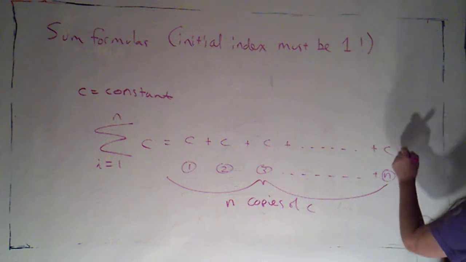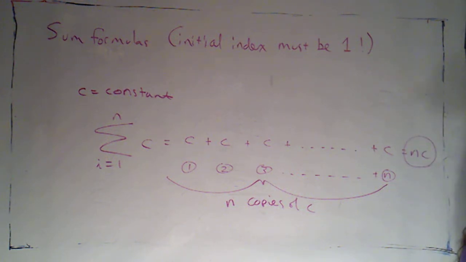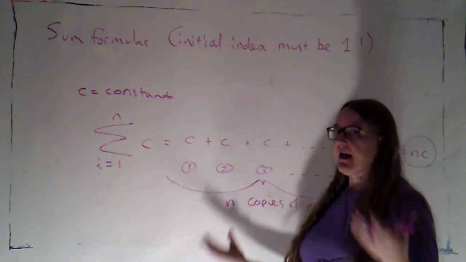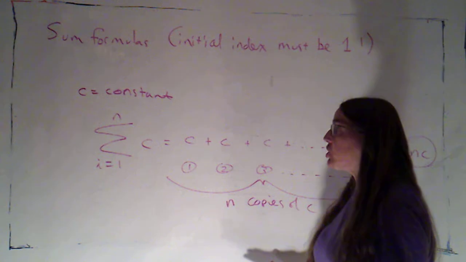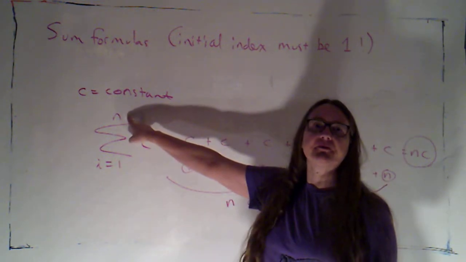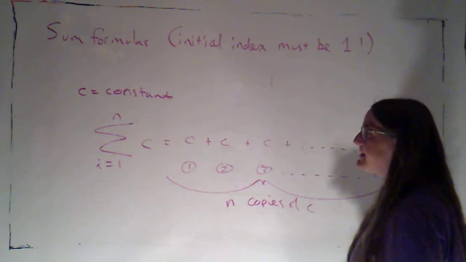But I know what that is. That's just n times c. So if I'm adding up a constant, I get that constant however many times I have number of terms. And if I start at 1 and I go to n, n is the number of terms that I have. So I'm getting n copies of c.